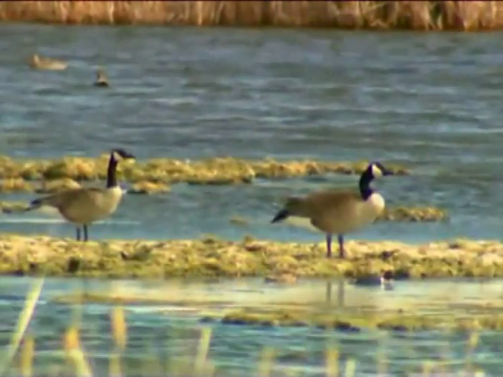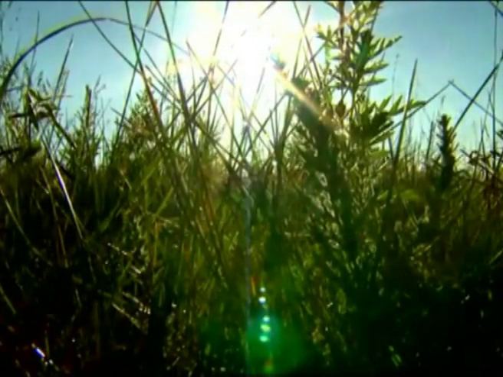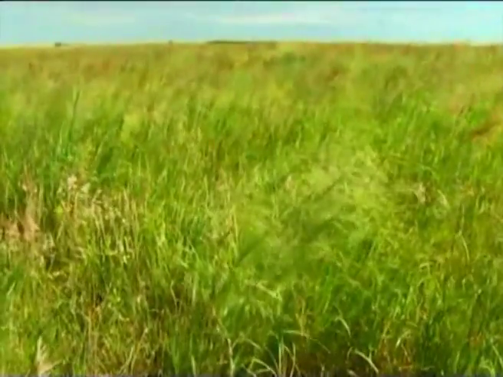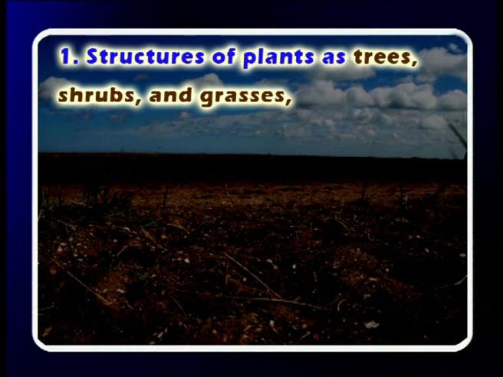Biomes are defined by ecological factors like the structure of plants, types of leaves, spacing of plants and prevailing climatic conditions. The structure of plants includes trees, shrubs and grasses.